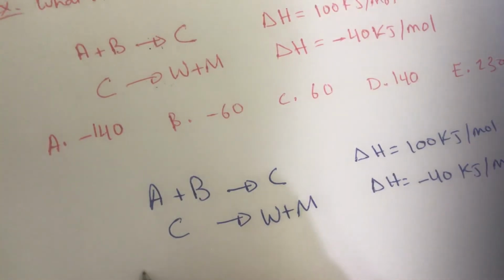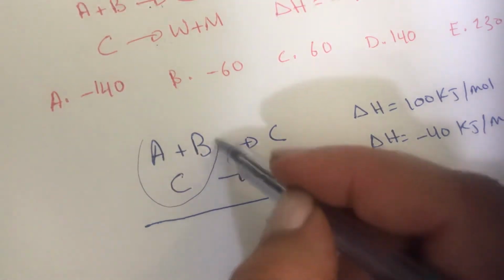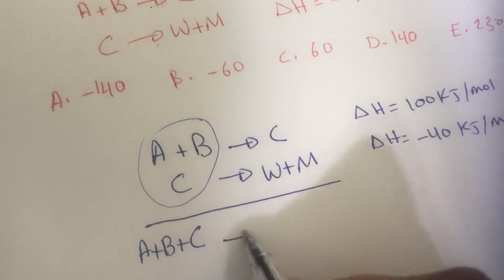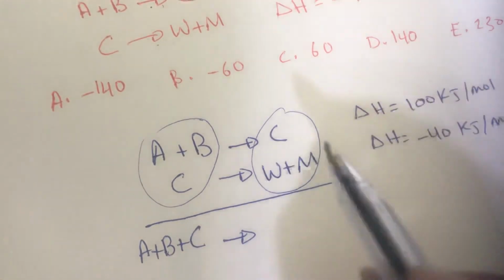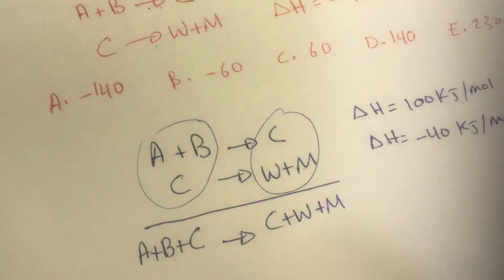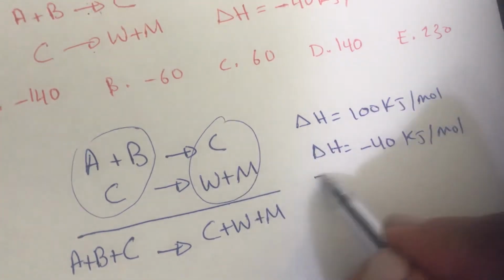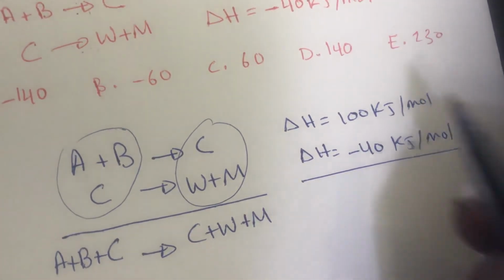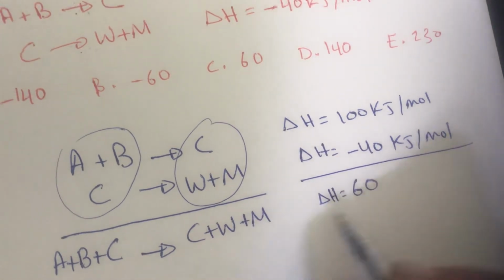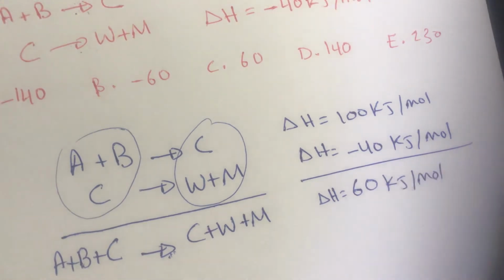If you add these two reactions with each other, you have to add the reactants with each other. A plus B plus C produced C plus W plus M. Here you add the reactions, so you have to add the energies. So 100 minus 40 equal delta H for this reaction, equal 60 kilojoule per mole.